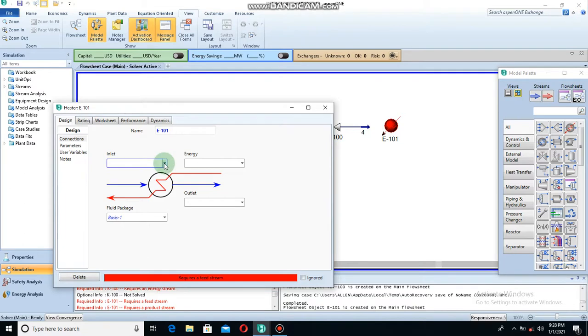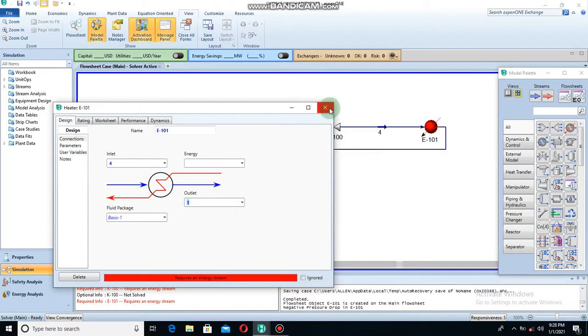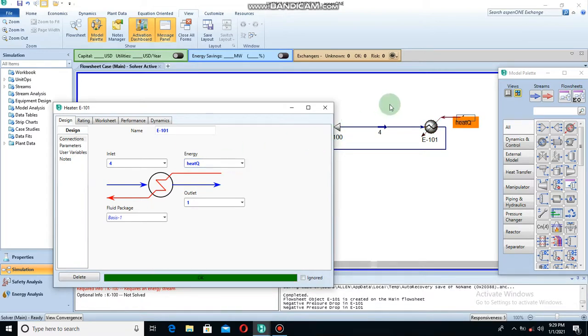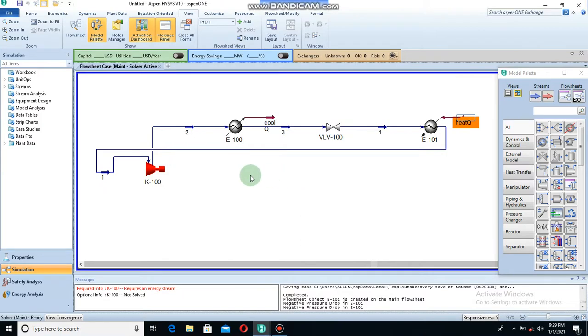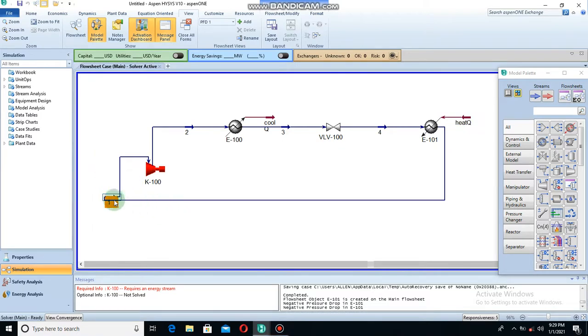At this point we have propane going into the system to be heated. When it's heated, it goes back to the whole system once again, and you need an energy stream here. So we send the heated propane back to the system.